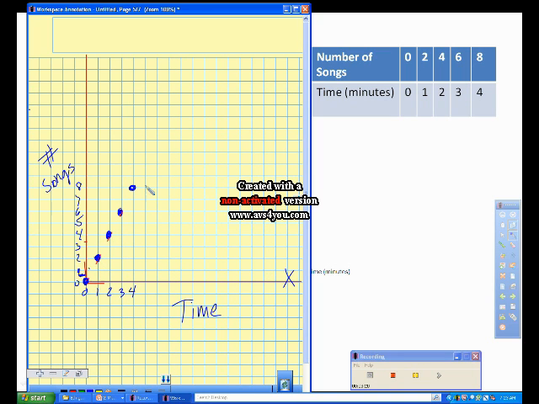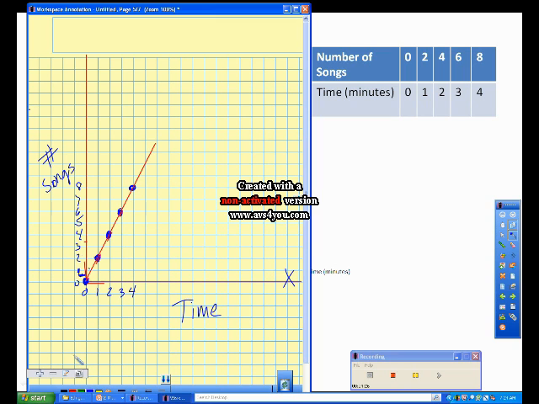Now, the reason that I cannot connect the dots, even after I added that other set of data in, is because when you are connecting the dots, you are basically saying that all of the pieces of data that fall along this line are possibilities for data that go along with this particular data set. For example, let me get a different color here.